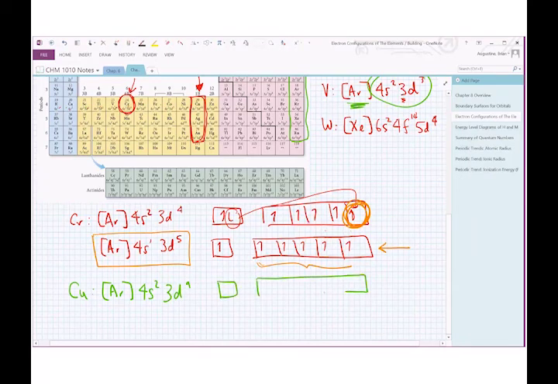That should look something like this. 4s2, 3d9. All right, you notice what we have here. We've got a box that's got an empty hole in it. So once again, nature doesn't prefer that. Nature prefers this, 4s1, 3d10.